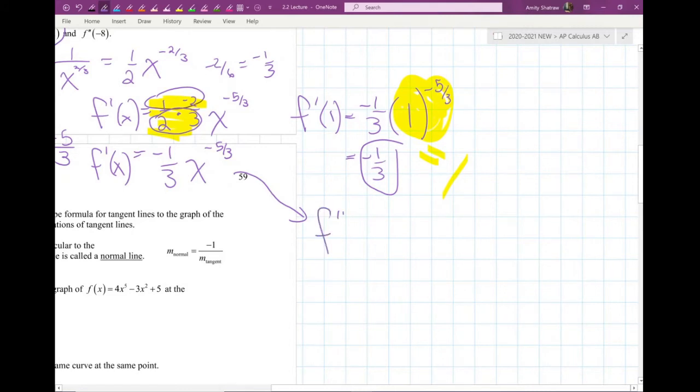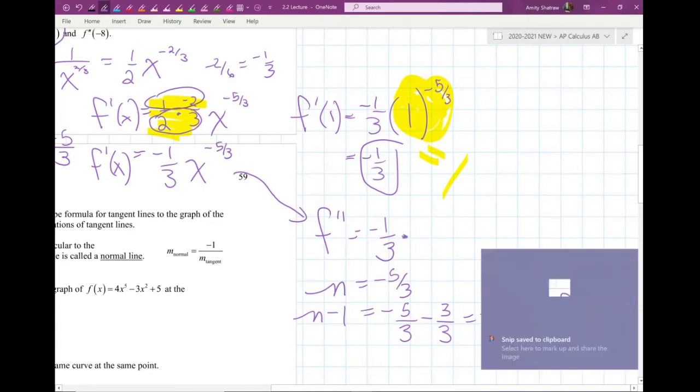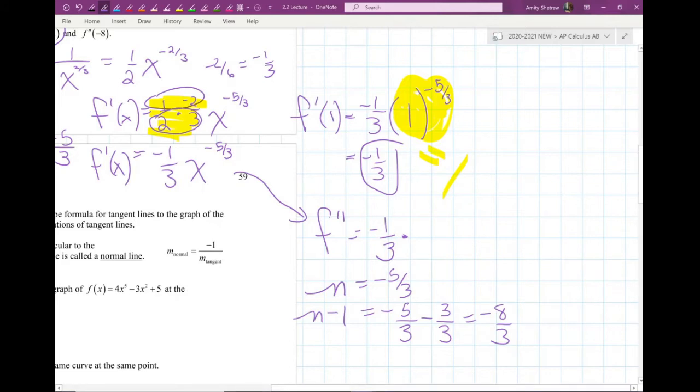The second derivative is going to have a negative 1/3 in front of it, and my exponent was a negative 5/3. Then I'm going to subtract 1 from that exponent, so I have negative 5/3 minus 3/3, which gives me a negative 8/3.